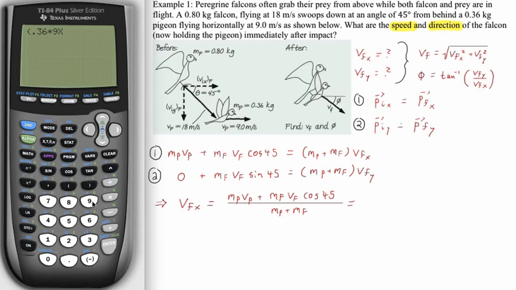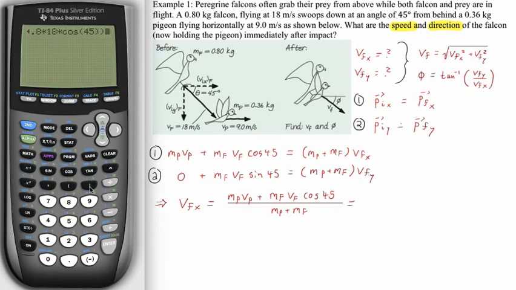And then we're going to add the mass of the falcon, which is 0.8, more massive bird, multiplied by its overall velocity, 18, very fast, meters per second. And then we need just its x component, so we're going to have cosine 45.